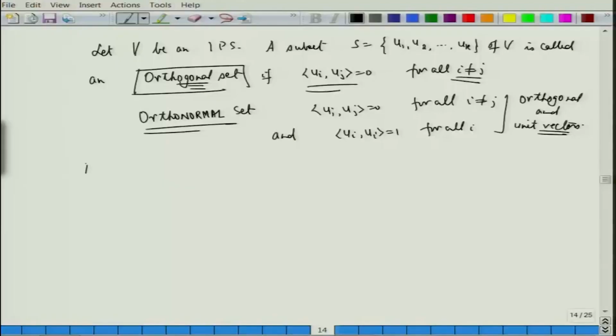So, an example: if I look at the vectors 1 0 0, 0 1 0, 0 0 1, this is orthonormal.